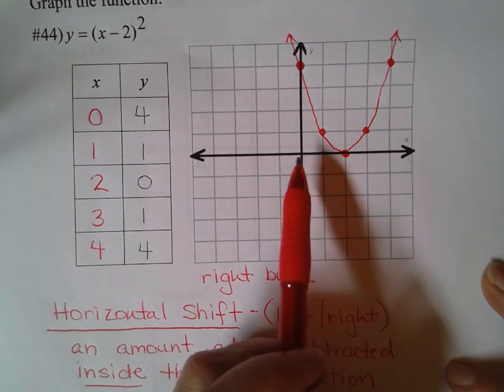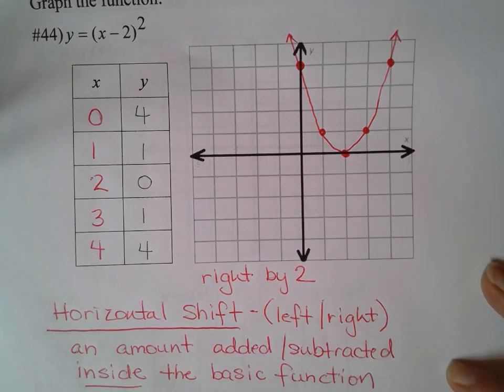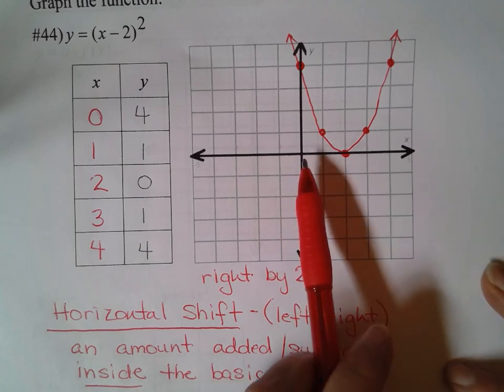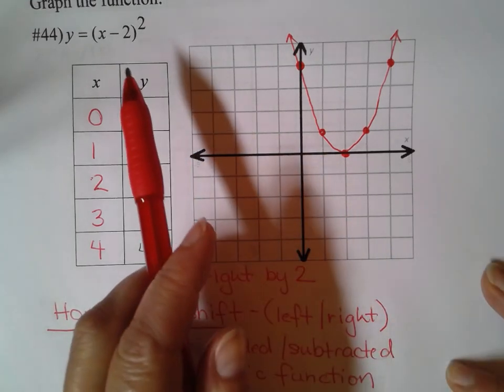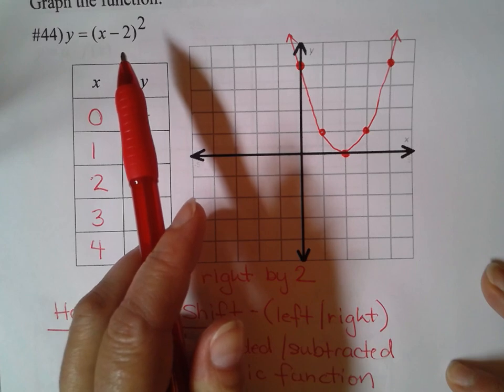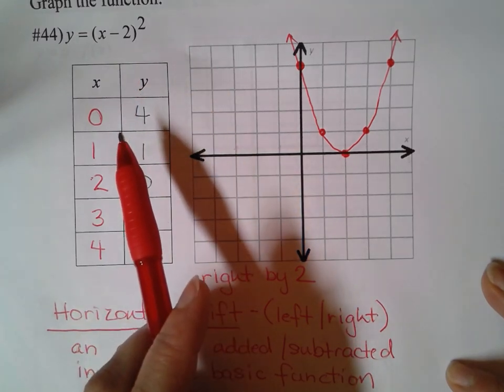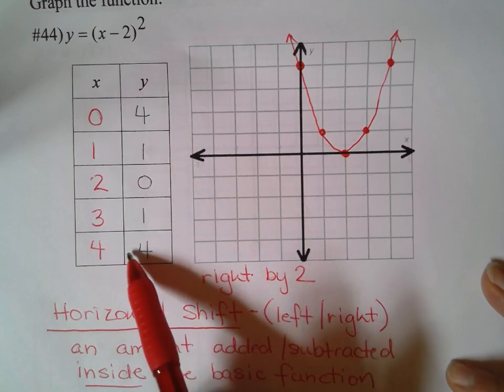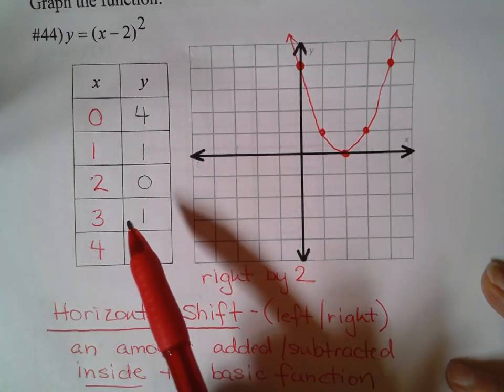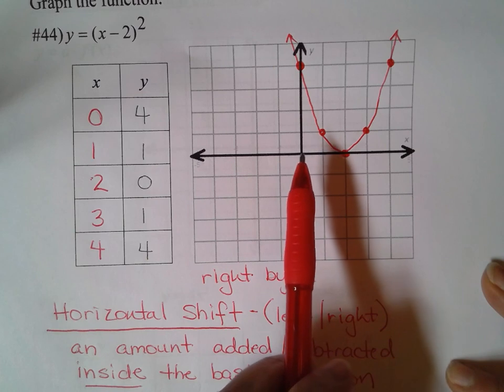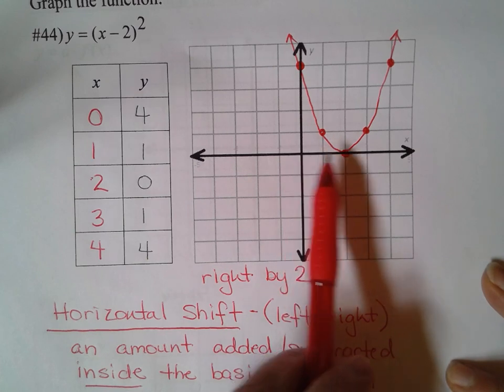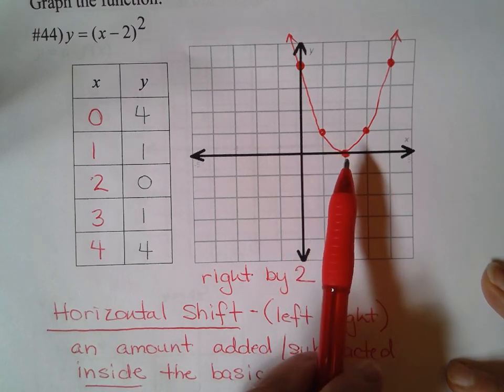And if I were adding 2, I would shift it to the right, but it's actually the opposite of that. So because I have a -2 inside the parentheses, I had to choose x values that were 2 greater than I would normally choose in order to counteract that -2. And because I chose x values that were bigger, it shifted the graph to the right.